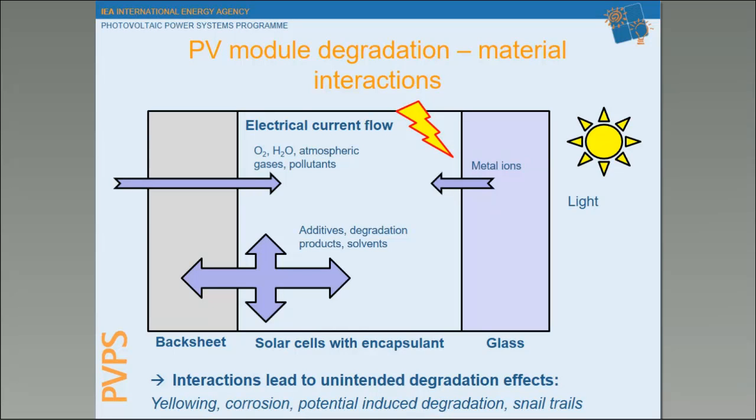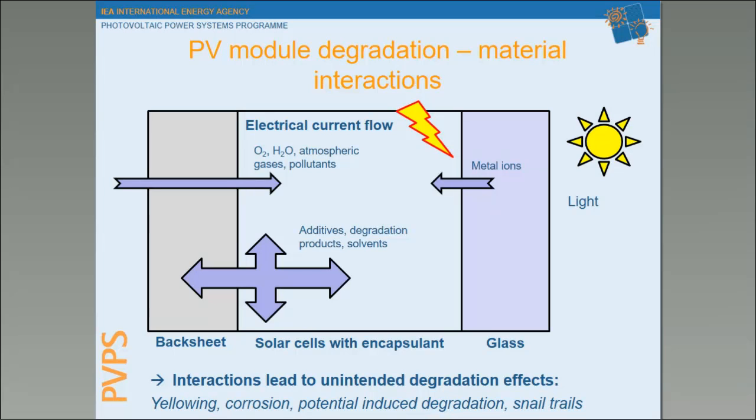From the outside, we have UV light coming to the PV module that should be absorbed, in the best case, by a solar cell. We generate electricity, so we have an electric current flow. But that's not all. We have a lot of other small molecules and ions that can be transported through a PV module.